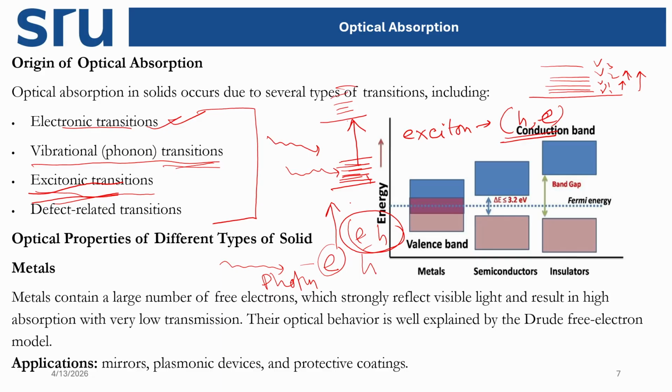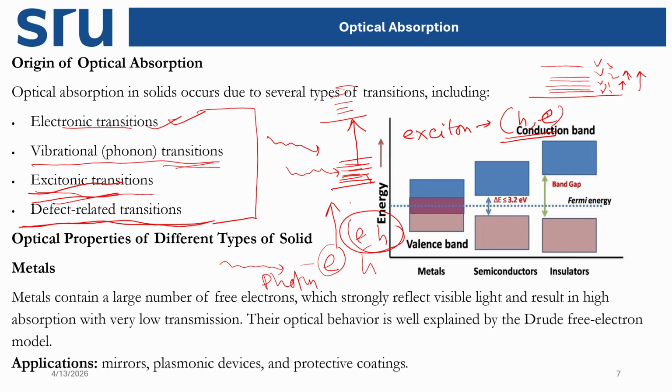Right, and something can also happen due to the defects in the materials that we discussed earlier. Materials have different kinds of defects, so the interaction of the materials with the photons may change, and we can get different properties.